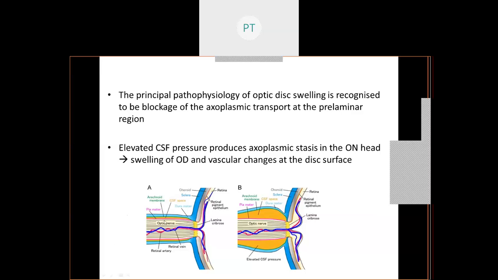And since you know that the optic nerve is also covered by the meninges, you have the CSF also present there. So this is how a normal optic nerve looks.